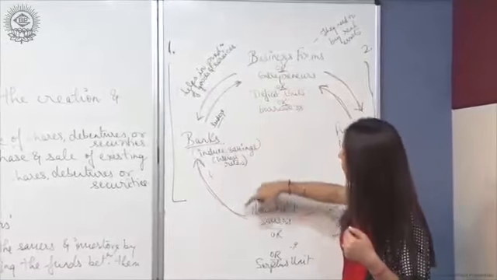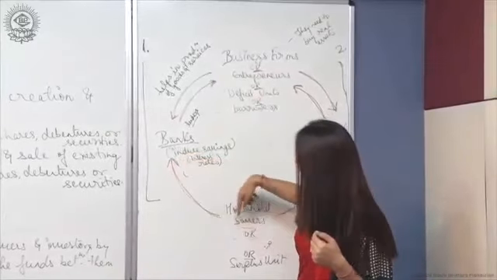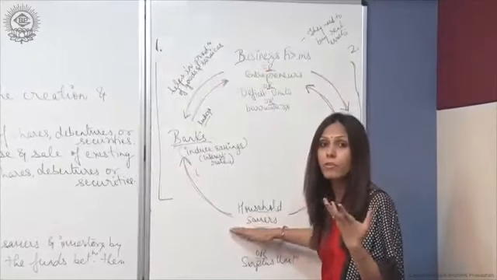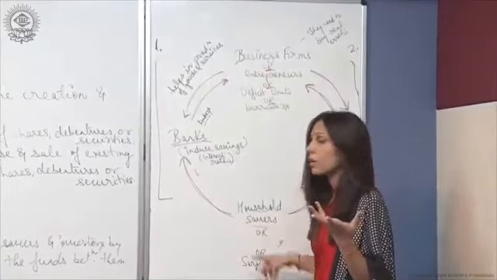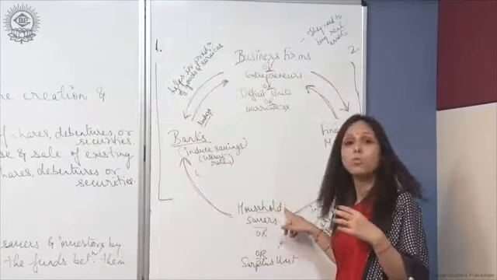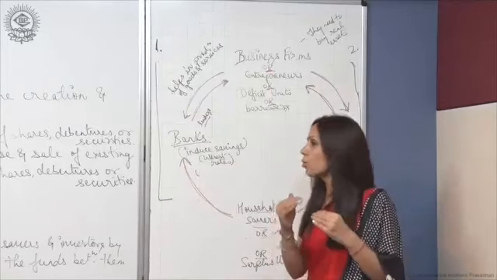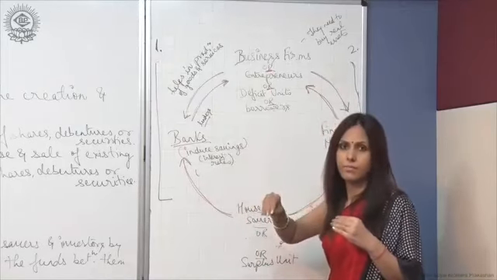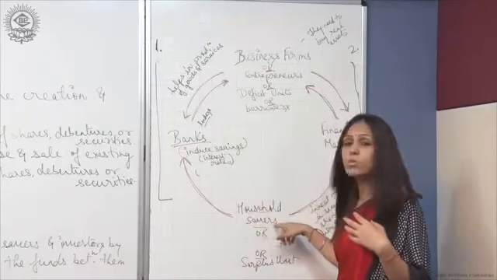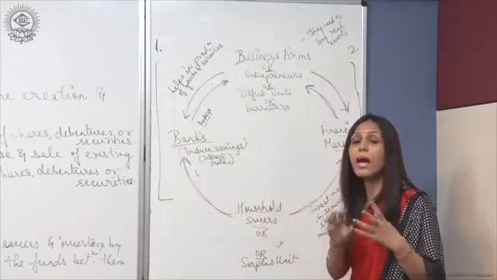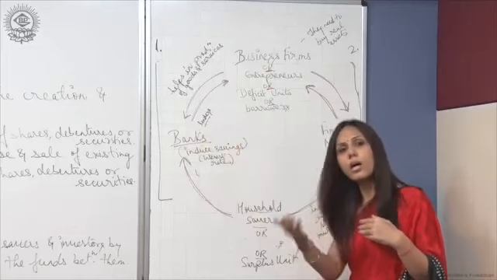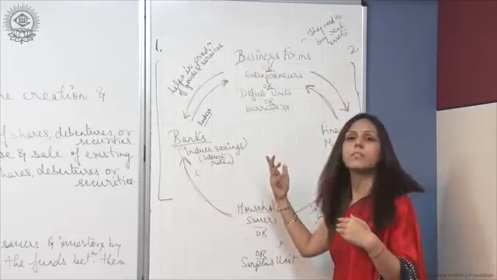So what do these household savers do? They save the surplus funds in the banks. Banks generally induce these household savers by providing a good rate of interest. They invite household savers not to keep their money idle at home but to deposit it in the bank and earn good profit as interest.